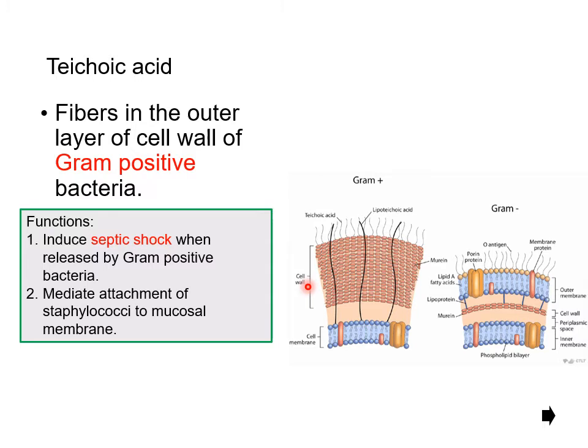Sometimes there is also fever. The patient will need to stay in the hospital to be treated for this shock. And this is all induced by this small, tiny structure. Not only that, but the same structures also mediate the attachment to the mucosal membranes. This means that once this bacteria invades, it will attach to the membrane.